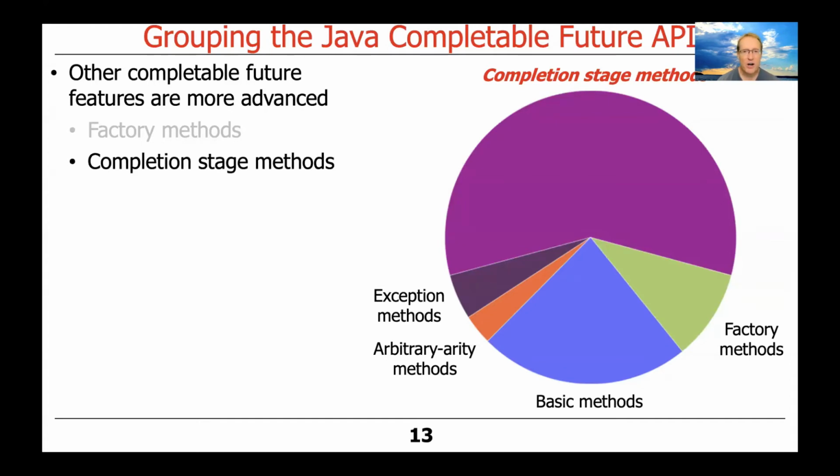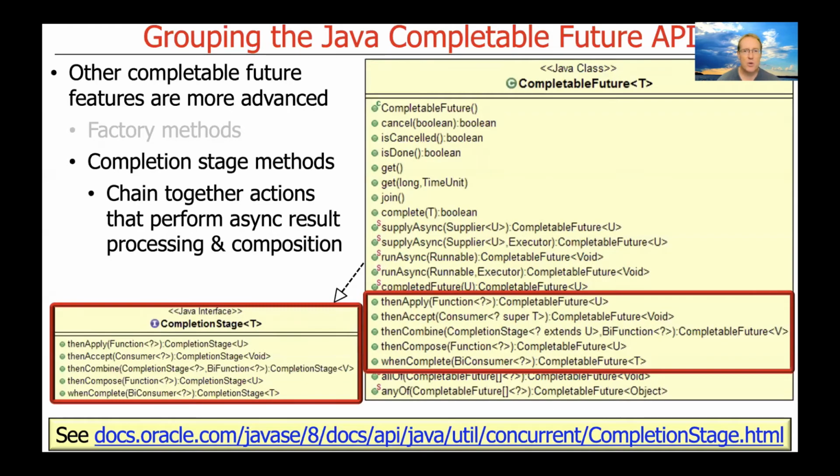The vast majority of the methods defined in the Completable Future API are the so-called completion stage methods. I'd say there are probably like 40 of them, so it's a big number. These are used to chain together actions that will perform processing on the results of asynchronous computations when they complete. These are what are often called dependent actions.